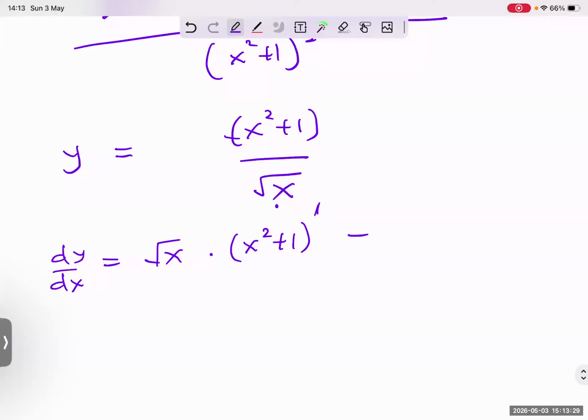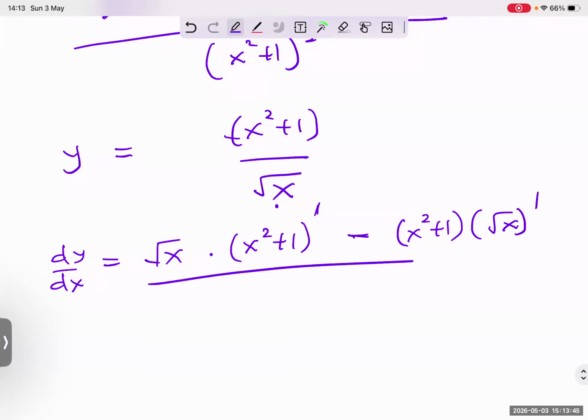So keep the denominator constant, differentiate the numerator, minus the reverse. And the reverse is keep the numerator constant, x squared plus 1, and then differentiate the denominator. Root of x, I'm going to differentiate that all over the square of the denominator. The denominator is square root of x, so we are going to square that.